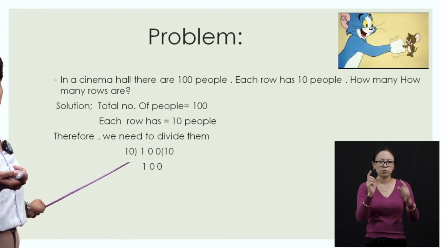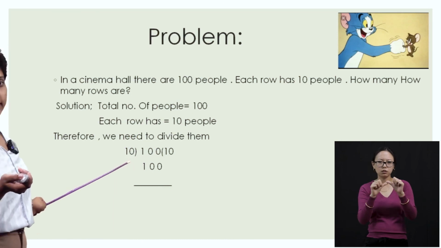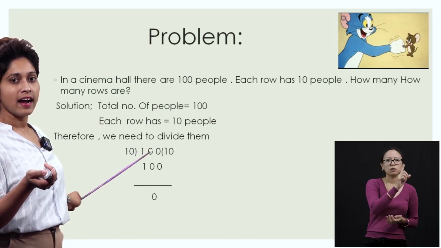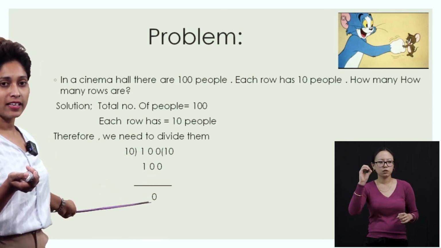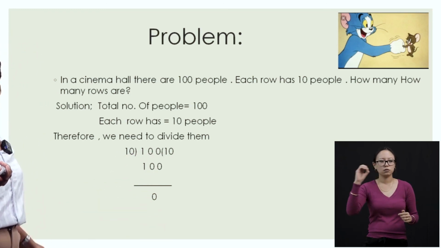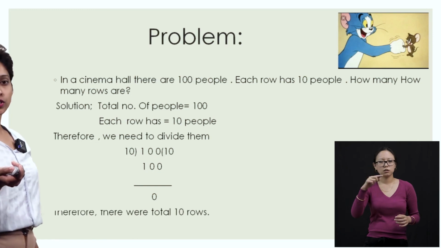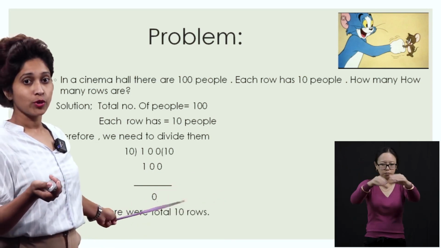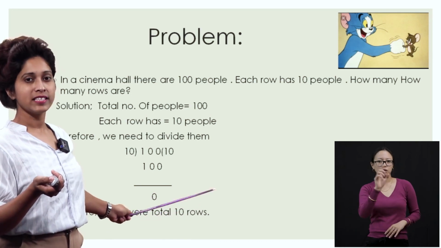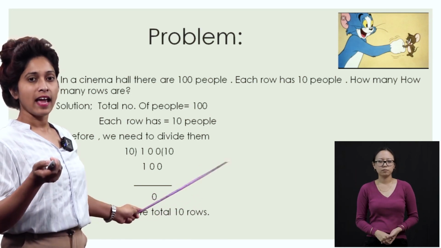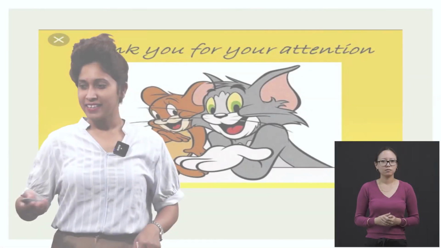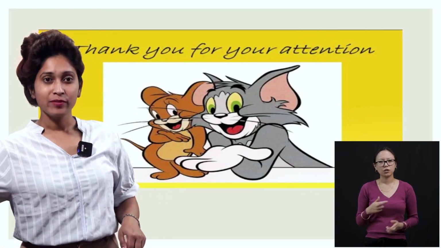We know that 10 into 10s are 100. So when you minus them, 100 minus 100, you get 0, right? So how many total rows were present, children? There were a total of 10 rows. 10 rows were there, and the answer is 10.